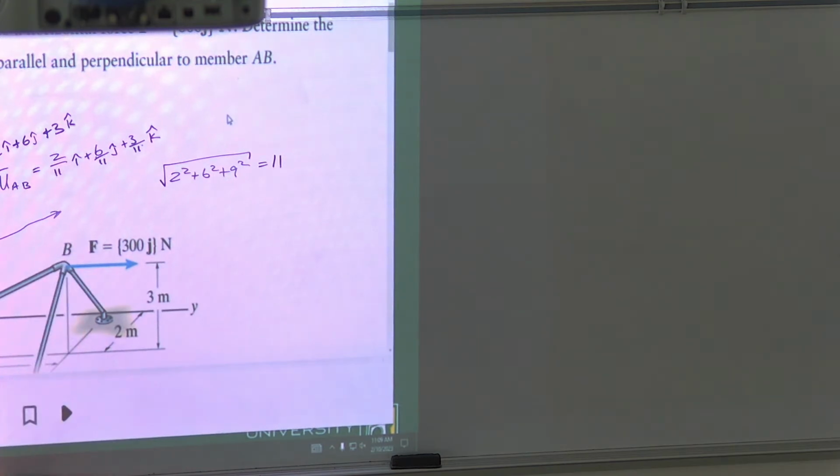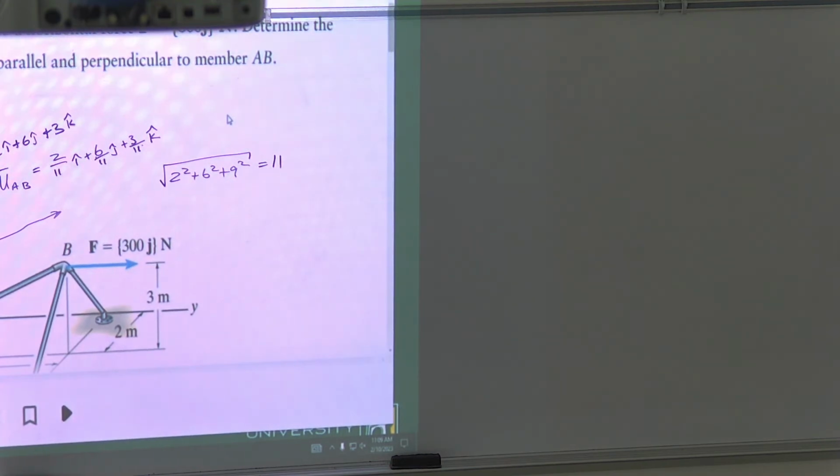Now if I want to know this vector, the F dotted the component that runs along there, I would say F dotted, what did I call that? UAB, which would be equal to F, which is 300j, dotted with 2/11 i, 6/11 j, 3/11 k.